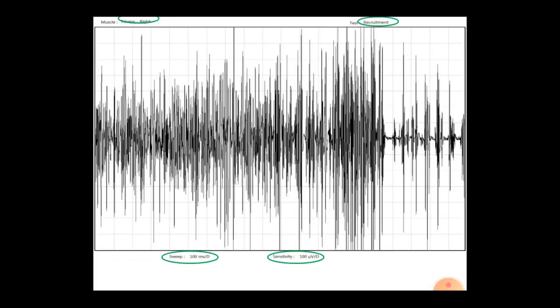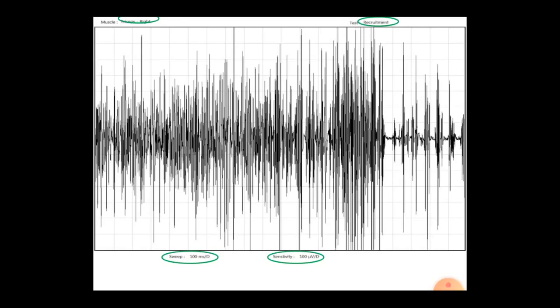This is an example or picture of interference pattern. So this is again for right tricep, and sweep speed is 100 millisecond per division, and sensitivity is 100 microvolt per division. So here you can see that many squares are occupied, and generally one square is equal to 1 centimeter.